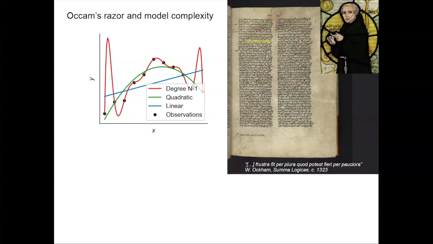but you don't want to overdo the flexibility of your model. So more generally in statistical inference, there are all sorts of devices that incorporate or implement this idea of simplicity bias.